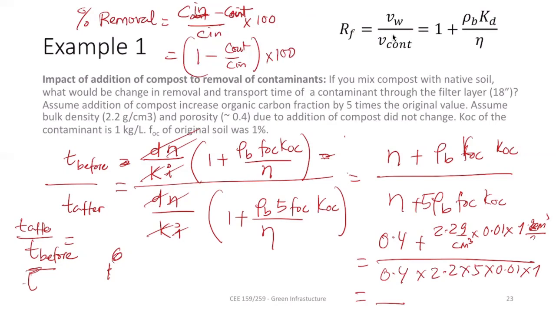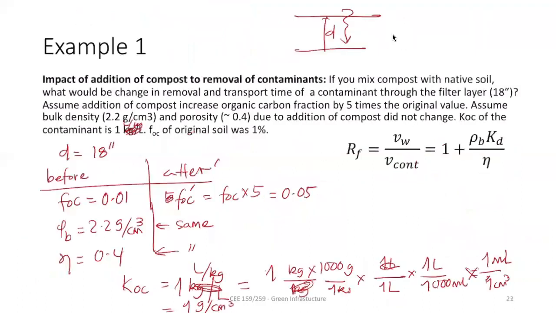And the retardation factor, also when you say velocity of pollutant, it's also a relation of concentrations. So if you know the retardation factor, then you know how much less likely the contaminants will move.